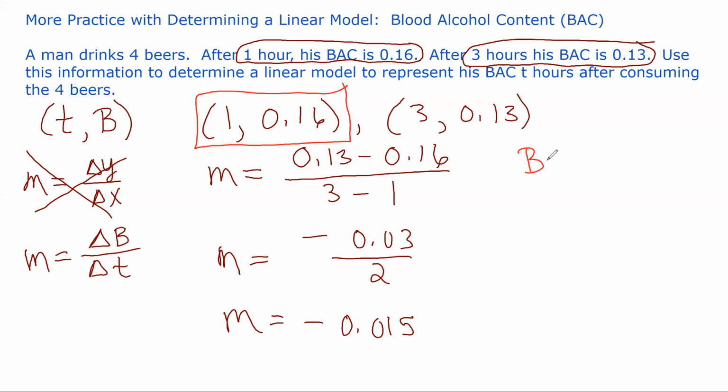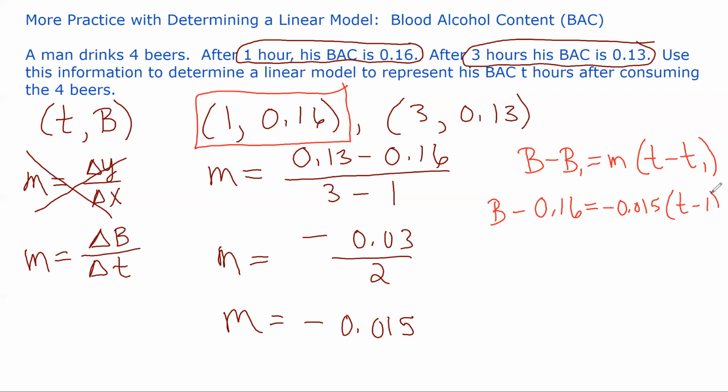So B minus B1 is equal to our slope times T minus T1, which gives us B minus 0.16 equals negative 0.015 times T minus 1.